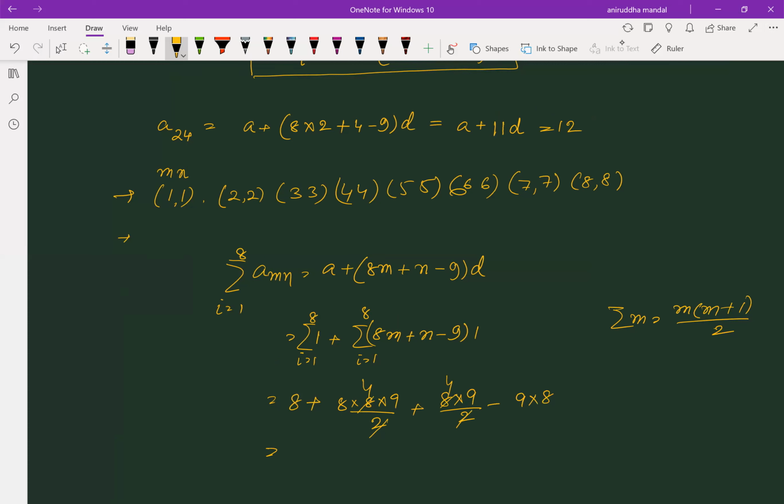So if we solve this, we get 36 into 8 plus 36 minus 9 into 8. Just a minute.